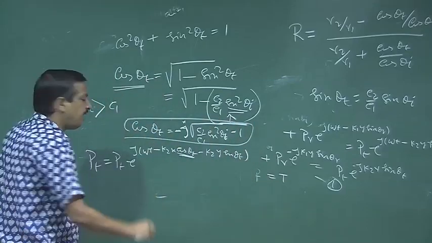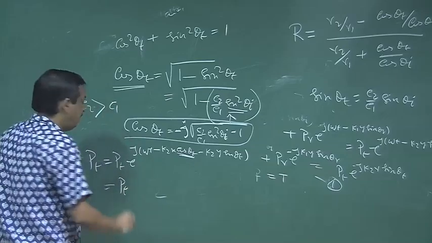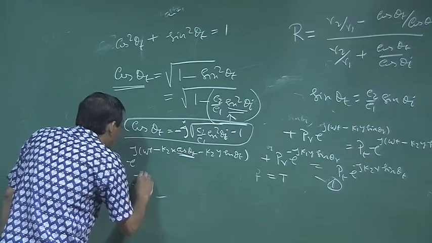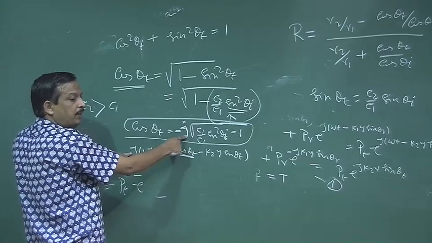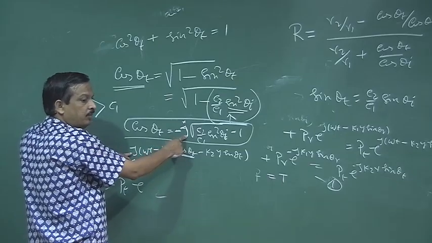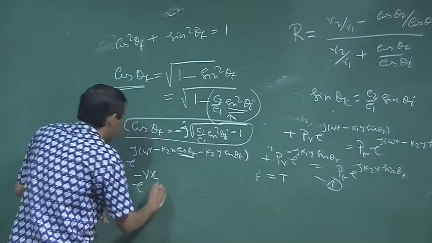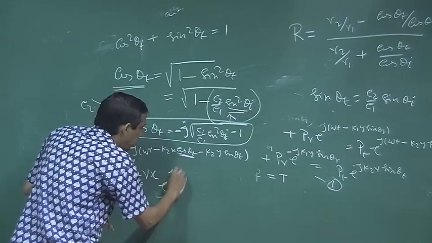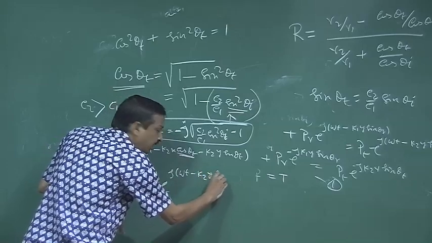So, I put the value of cos theta t in this equation. The j will be cancelled, so I get Pt into e to the power minus gamma x into e to the power j omega t minus k2y sin theta t.